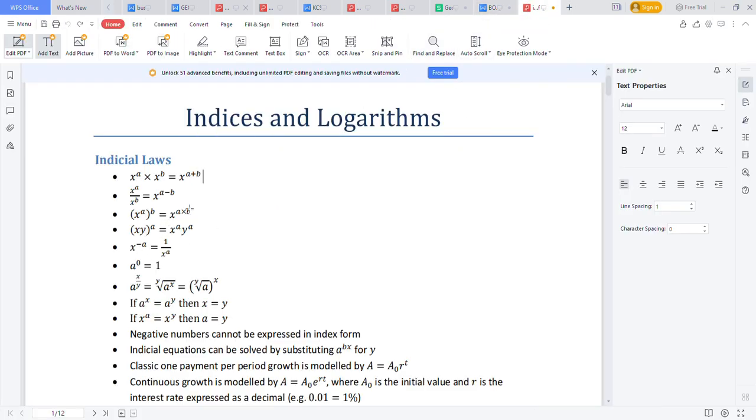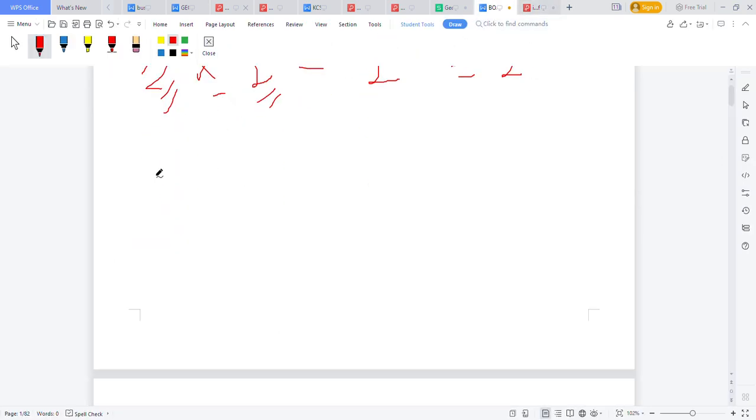Law 2: if you are now dividing with the same base, we simply subtract the powers. For example, if you have let's say 4 raised to power y, then you are dividing with 4 raised to power, let's say x. So we simply subtract the powers.